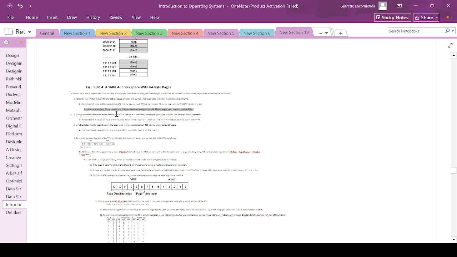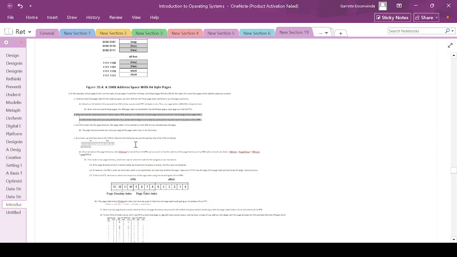So a 64-byte page could hold 16 page table entries. Out of those 256 entries, one page could hold 16 page table entries.